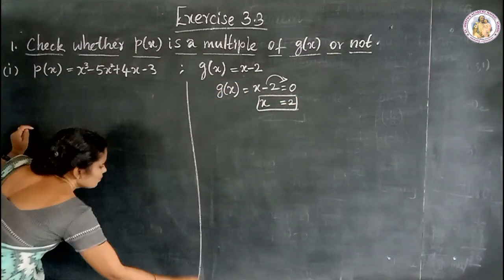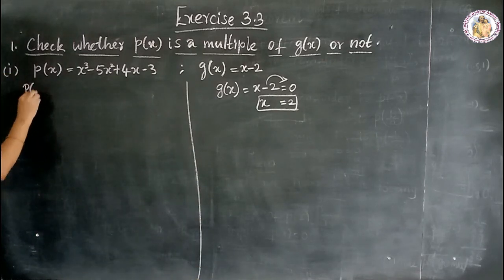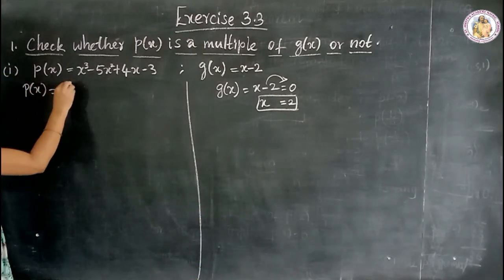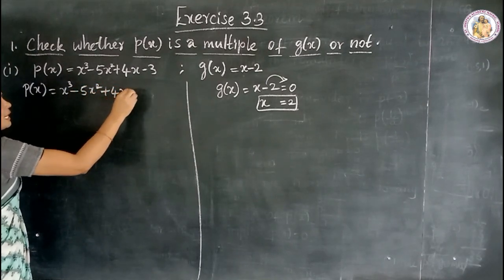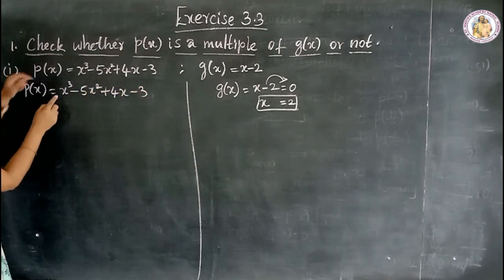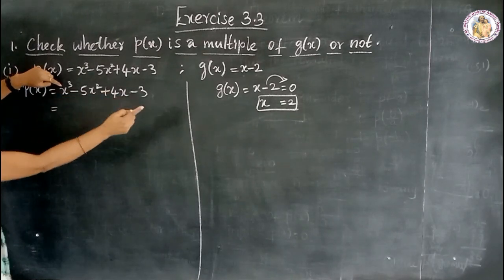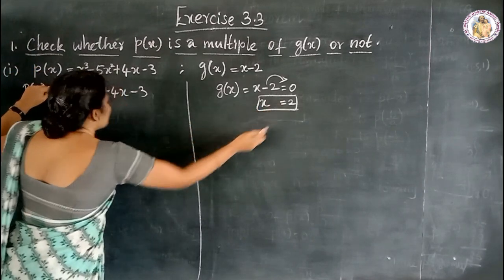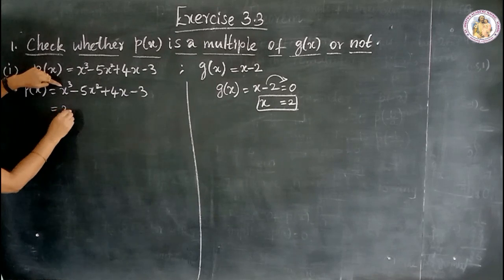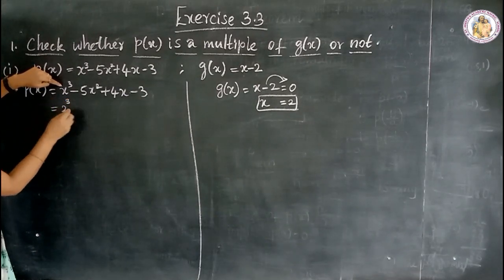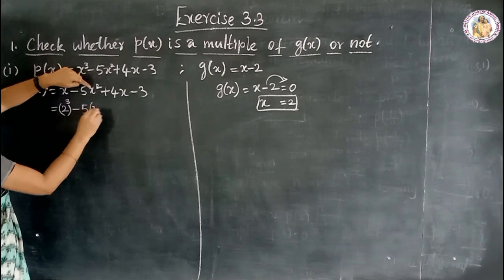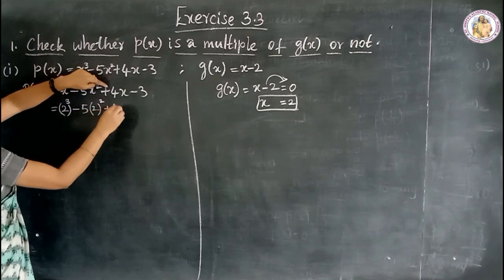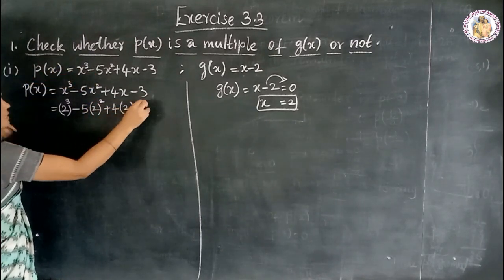Now taking p(x) is equal to x cube minus 5x square plus 4x minus 3, apply the value x is equal to 2. That is 2 cube minus 5 times 2 square plus 4 times 2 minus 3.